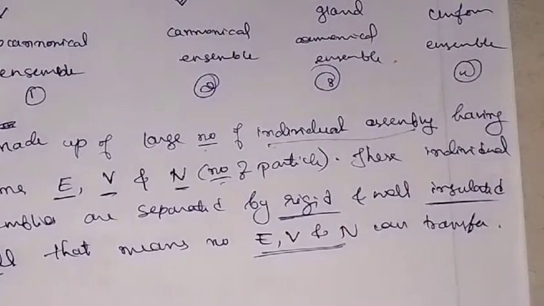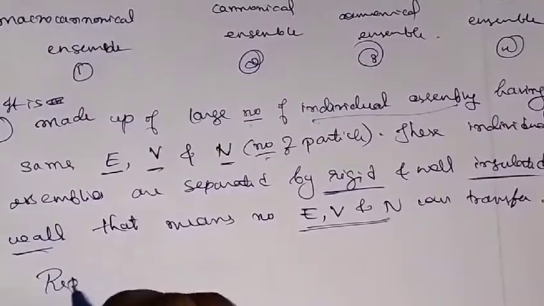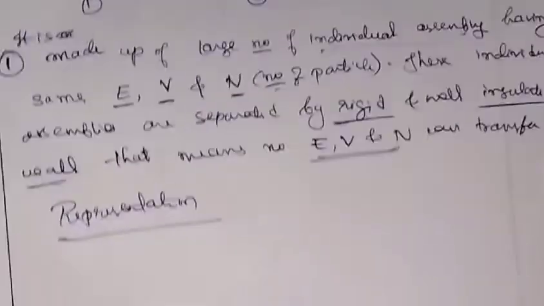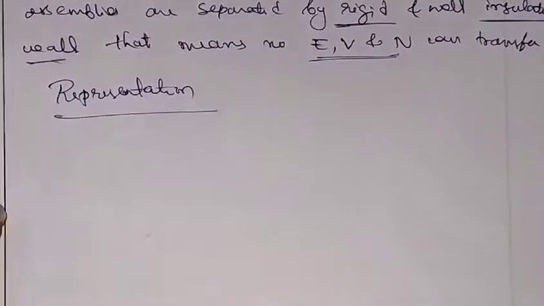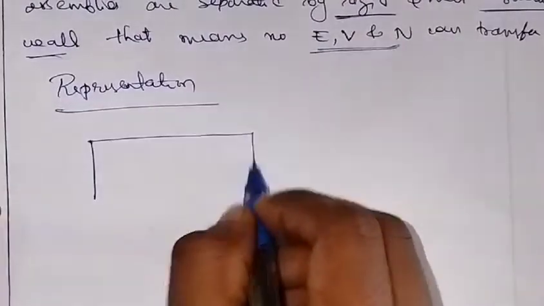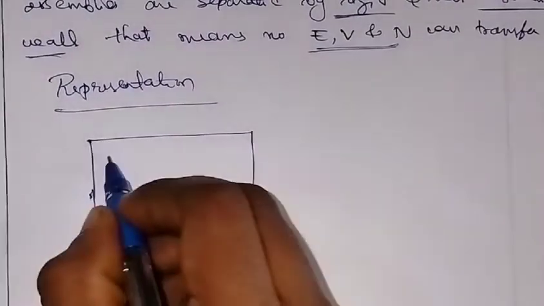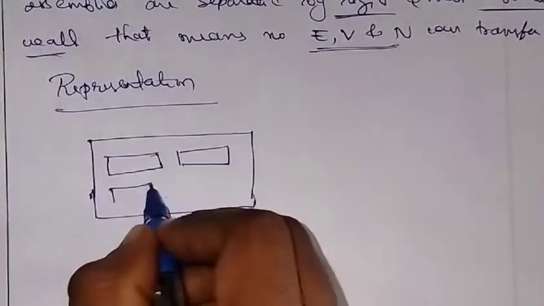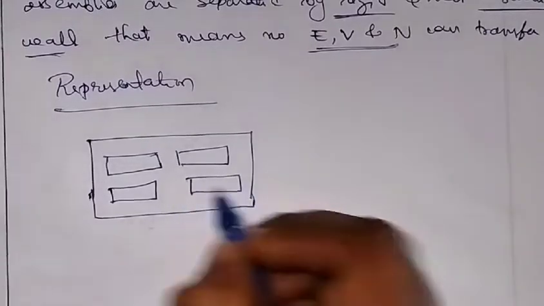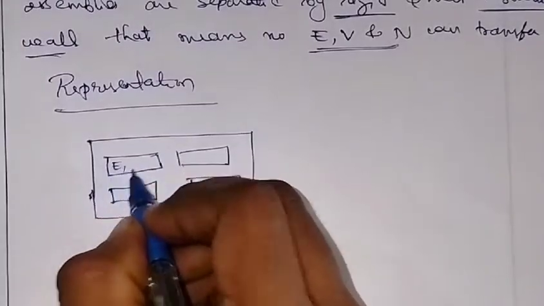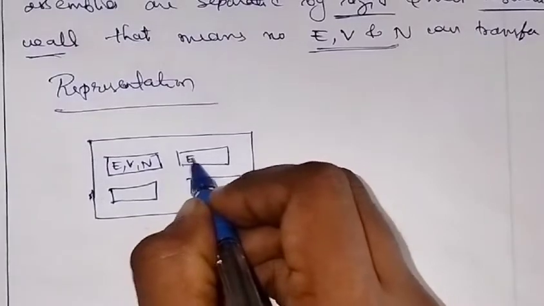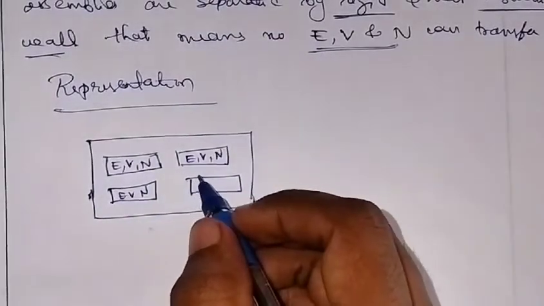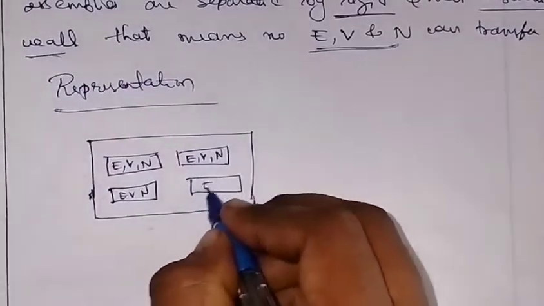Let me write the representation so you can understand it better. These boxes represent assemblies, all having the same E, V, N. There will be many assemblies, but I have written only 4.